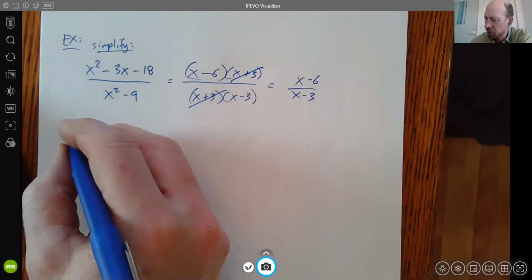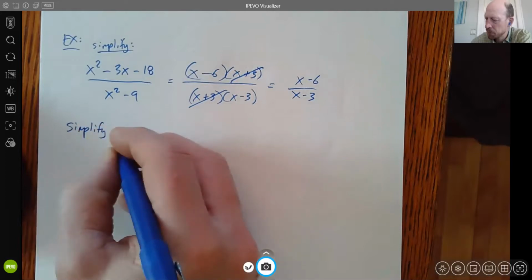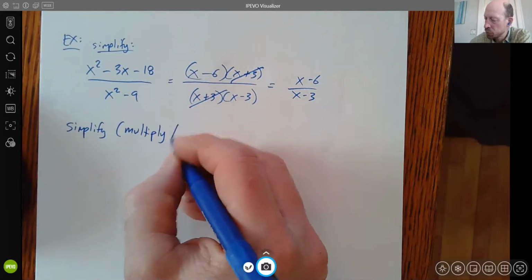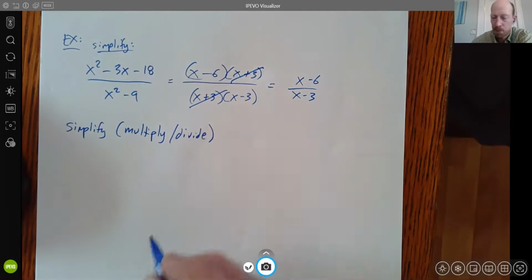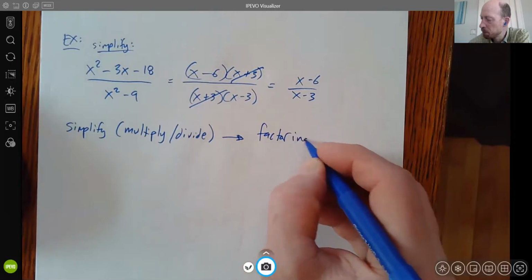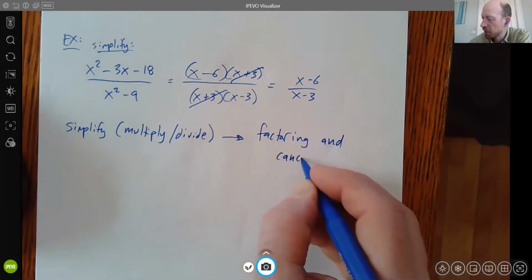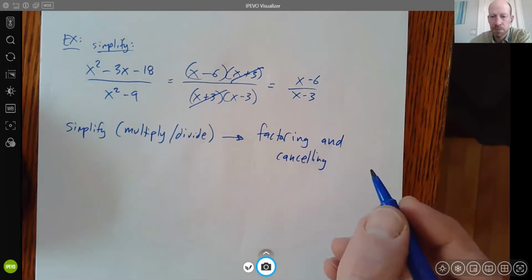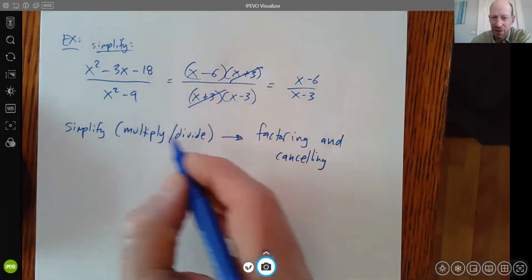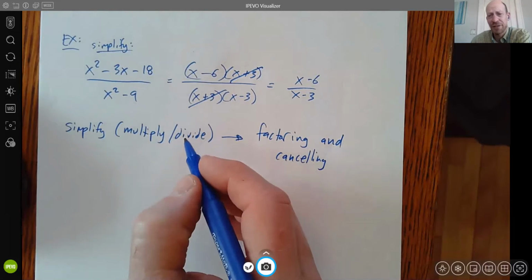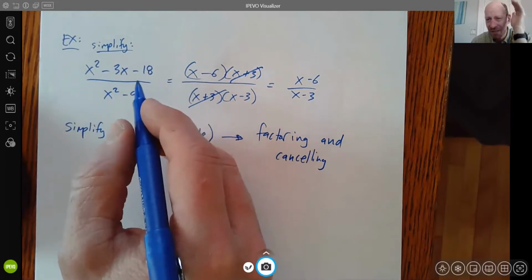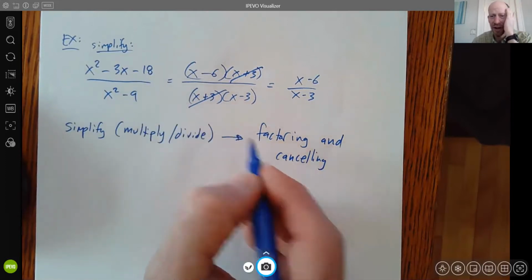And what we saw last week is that if you simplify or multiply or divide, fundamentally this comes down to factoring and canceling. Depending on which of these, if it's division, you have to multiply by the reciprocal, and if it's multiplication, you have two pieces, but it doesn't fundamentally change the structure, which is just factoring and canceling.